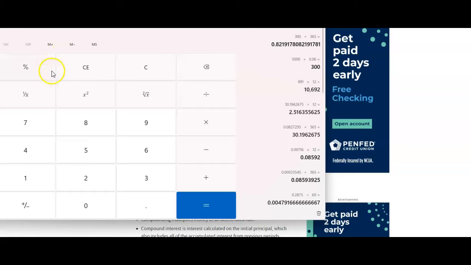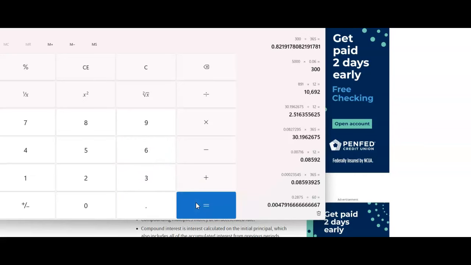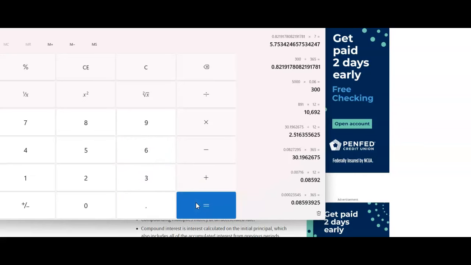So you do 5,000. Check this out. You can see you can make $300 for the year. Divide that by 365, and you'll make like 82 cents a day.